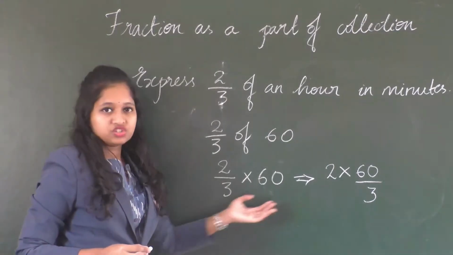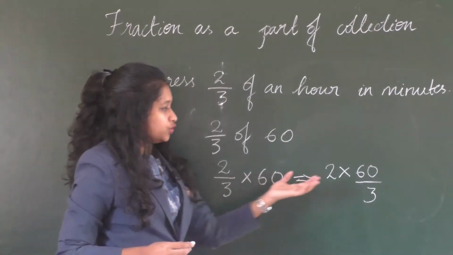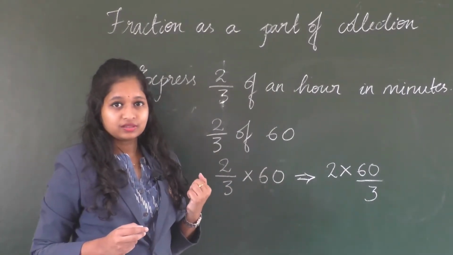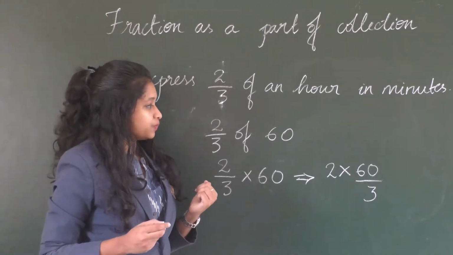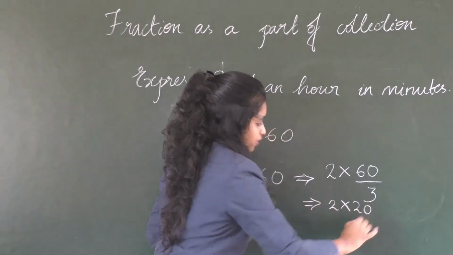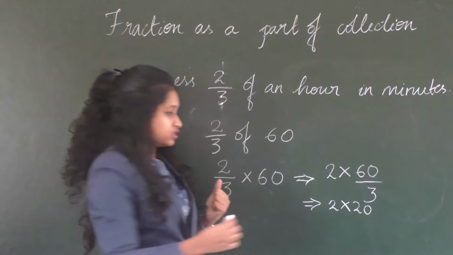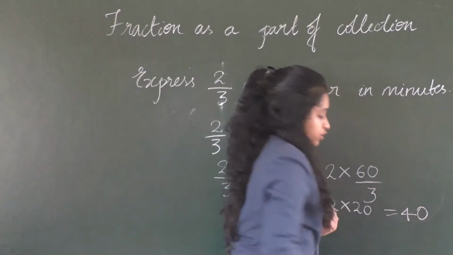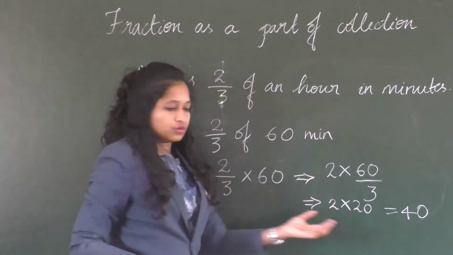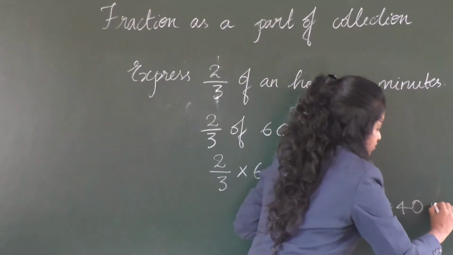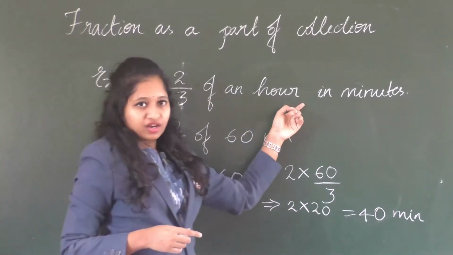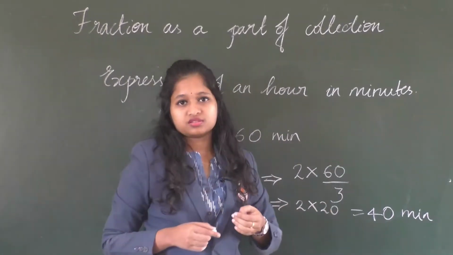There is no change here. Now when you divide 60 by 3, what is the answer? 60 by 3 is, yes, 20. So we have 2 into 20. What is 2 into 20? It is 40. So we have taken the 60 as minutes, so the answer's unit is minutes. So 2 by 3 of an hour is 40 minutes.